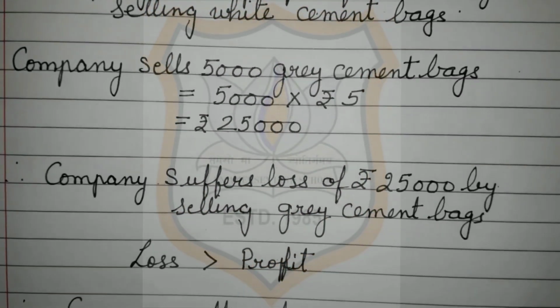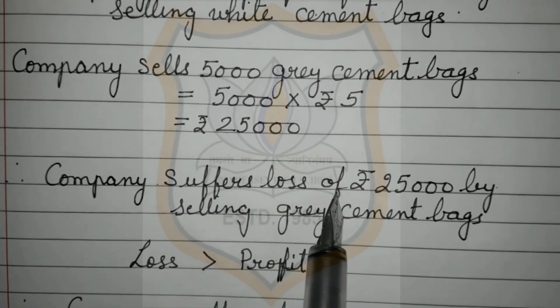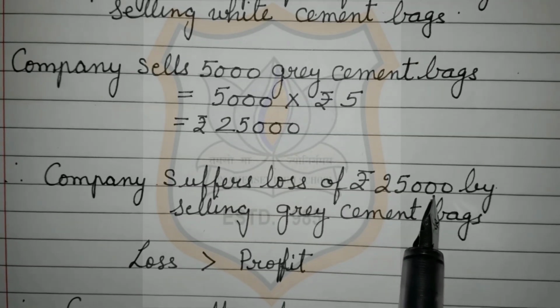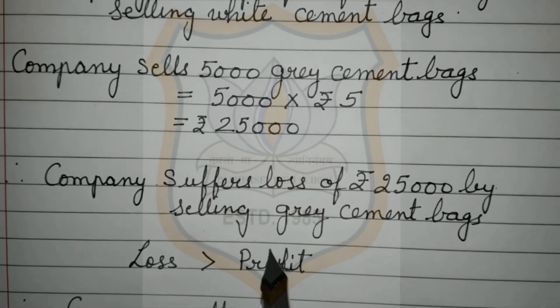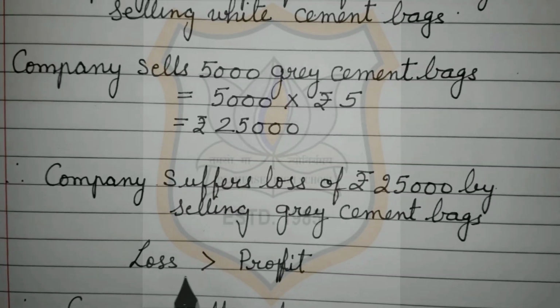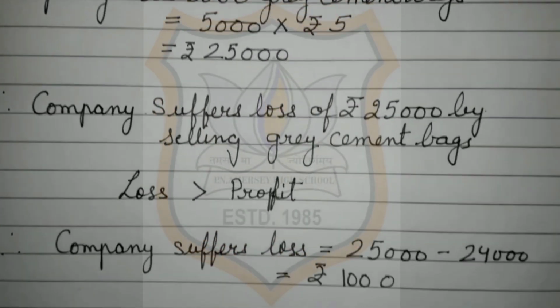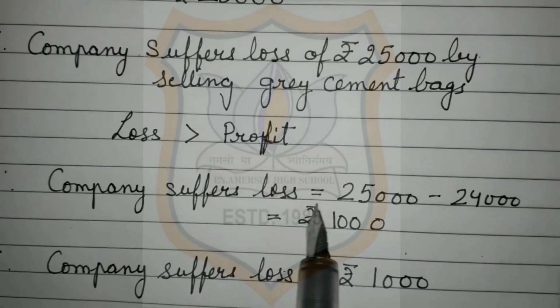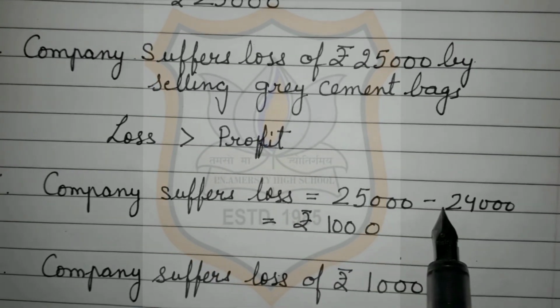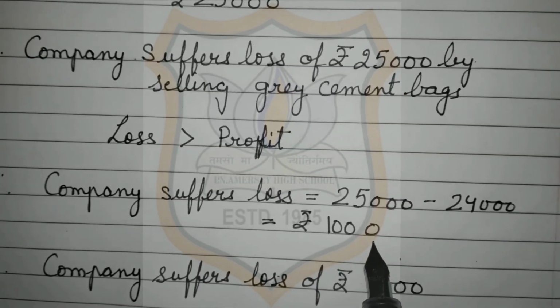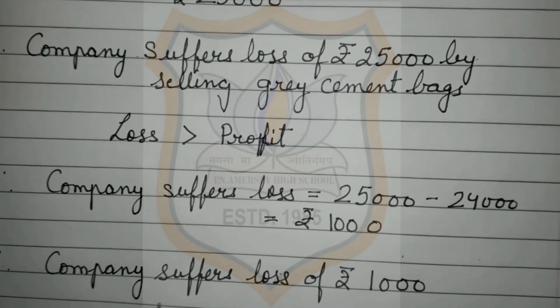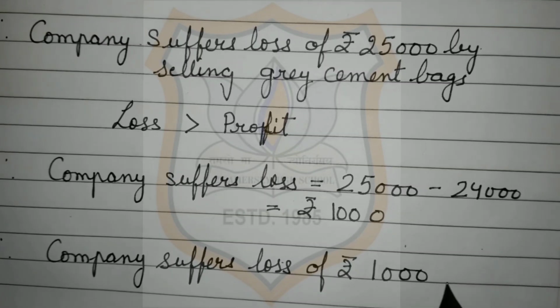Therefore, we can say that company suffers loss of rupees 25,000 by selling grey cement bags. By this, we can say that loss is greater than profit. Therefore, company suffers loss of rupees 25,000 minus 24,000, that is equal to rupees 1,000. So, we can say that company suffers loss of rupees 1,000.